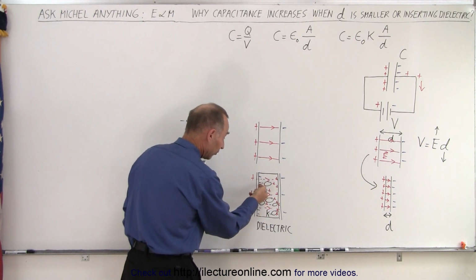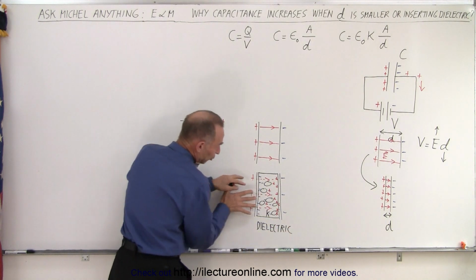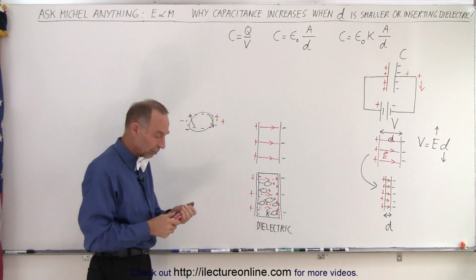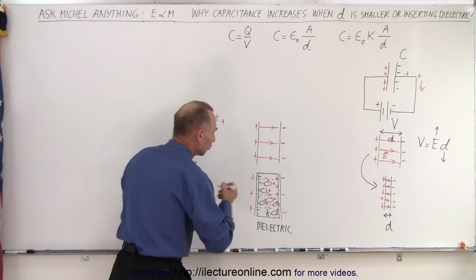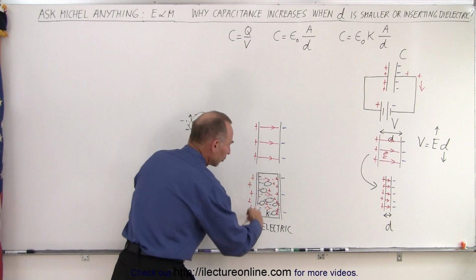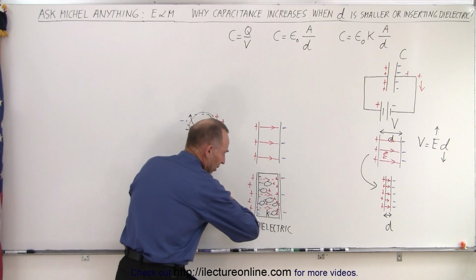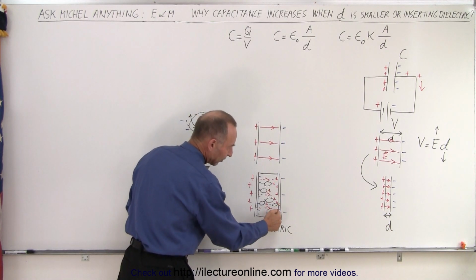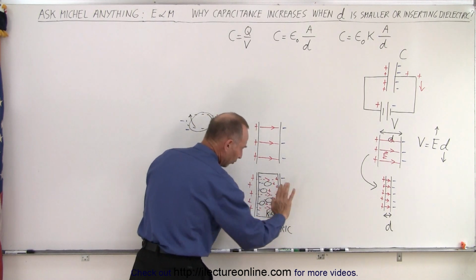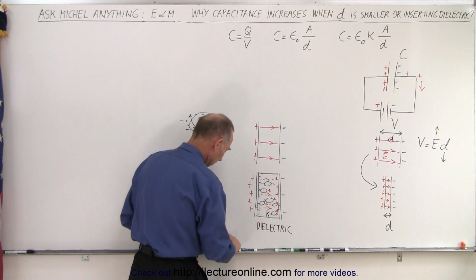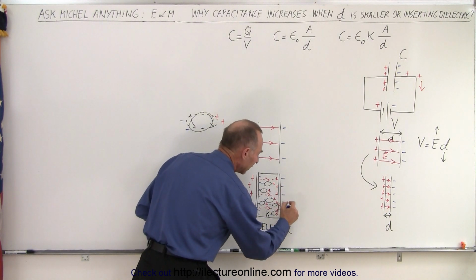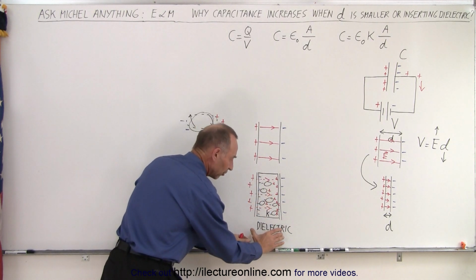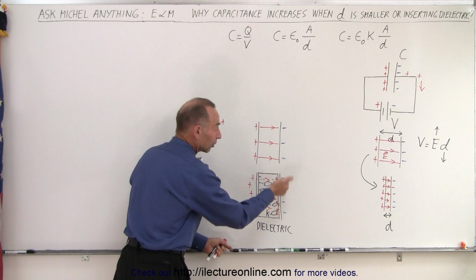And all of a sudden, instead of only the battery pushing charges onto the capacitor, now there's a little bit of a pull because of the dielectric, which then causes additional charges to collect onto the plate, because the negative side of the dielectric pulls in some more charges, and then on this side, since the dielectric is a little bit more positive, it pushes away any positive charges that are here, in essence causing more negative charges to be left over, which means the dielectric with the same voltage applied causes more charge to be collected onto the plates.